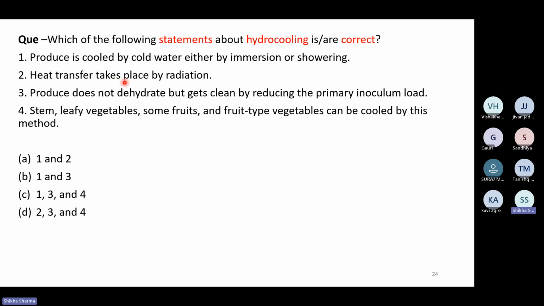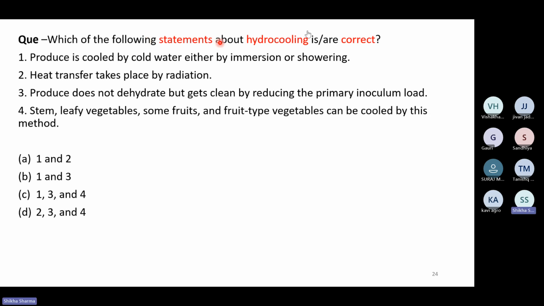Second, heat transfer takes place by radiation. Third, produce does not dehydrate but gets clean by reducing the primary inoculum load. Fourth, stem, leafy vegetables and some fruits and fruit type vegetables can be cooled by this method.